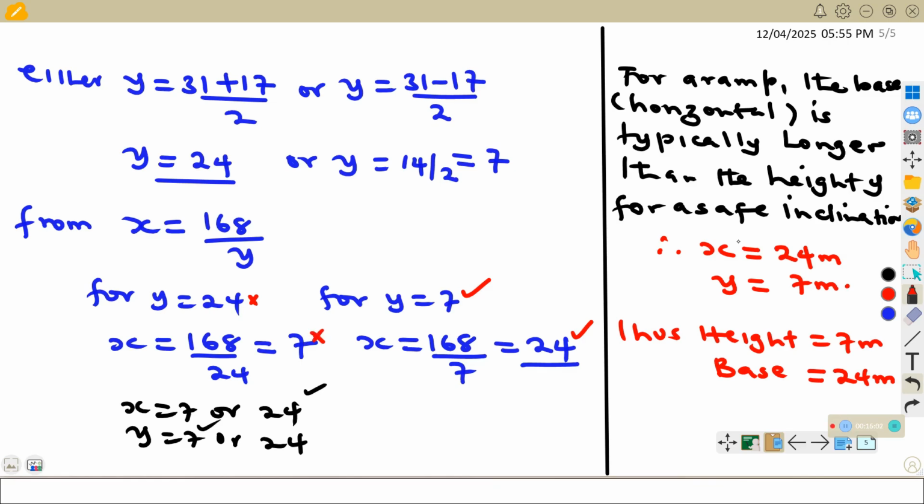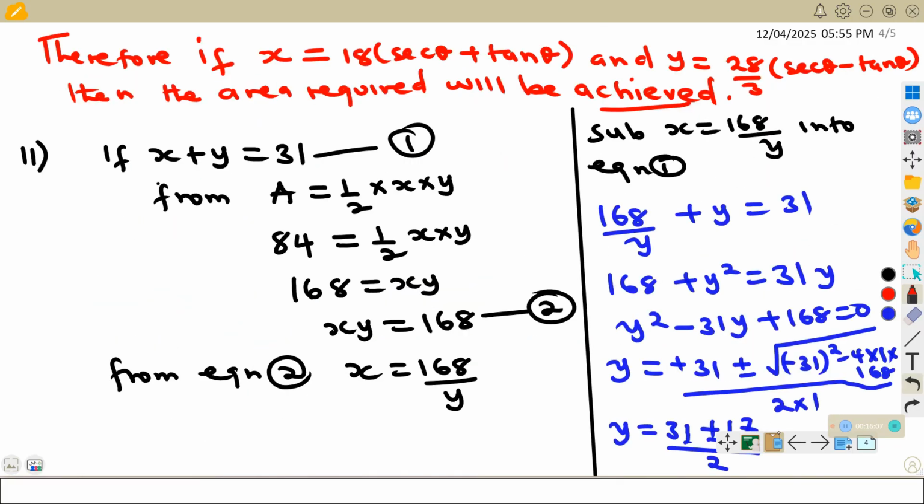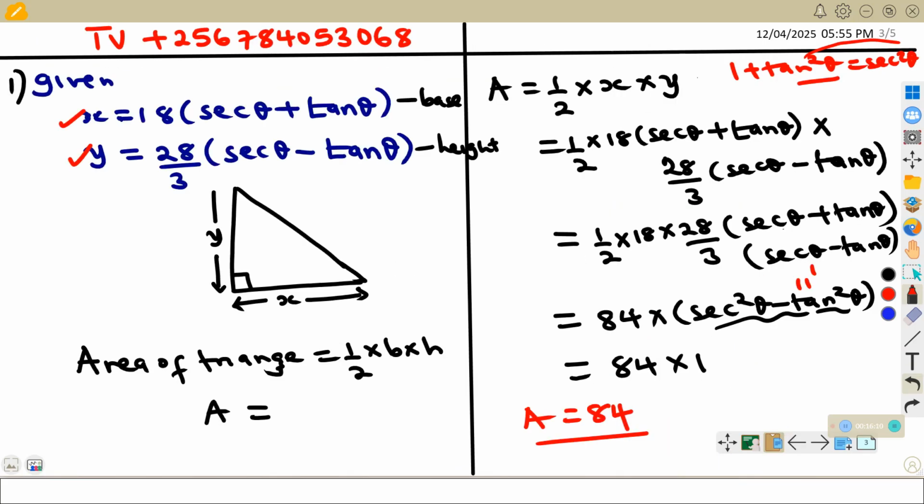But for a safe inclination, this base here should be longer than the height, such that you have a better inclination. Otherwise, the inclination will actually not be better, because this one will be longer and this one is shorter.